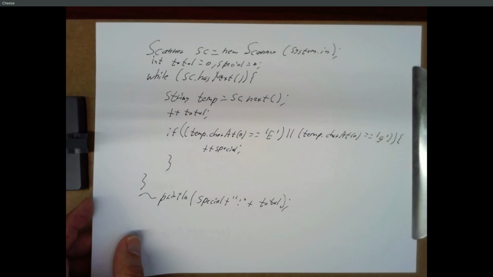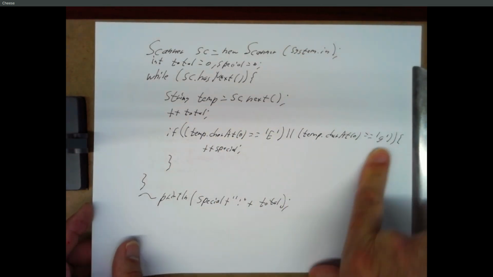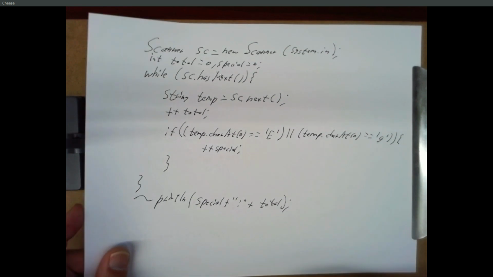So that's one way to do it, right? You could save temp char at 0 and a character, and then say if character equals E or character equals G, same thing. That would work fine. Here's something that you don't want to do.